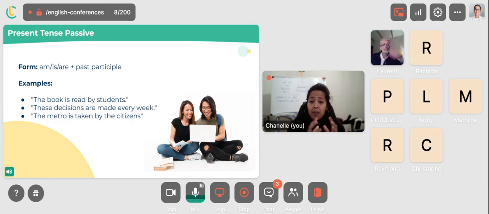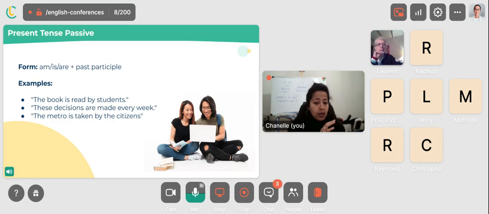So remember, the past participle stays the same. It's the form of am, is, or are that will continue to change with the tenses. So the book is read by students. These decisions are made every week. The metro is taken by the citizens.